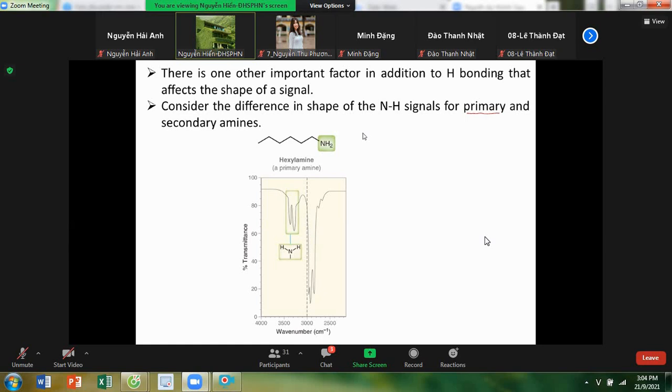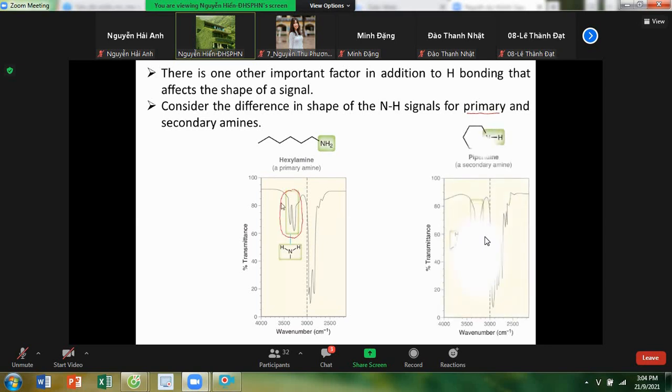So this is a typical infrared spectrum of a primary amine, in this case hexylamine. You see that we have a typical absorption for primary amines in this region.